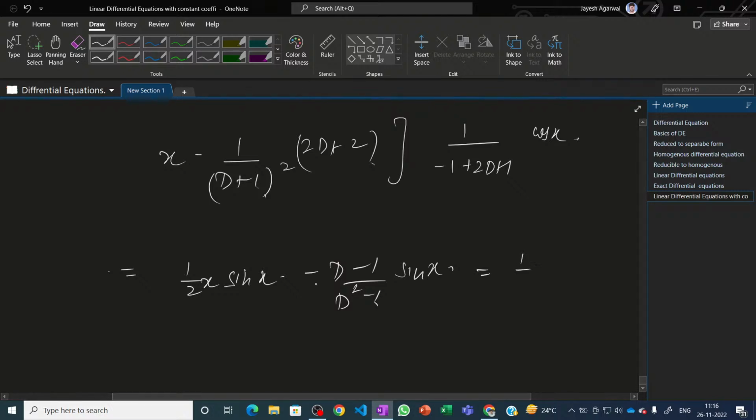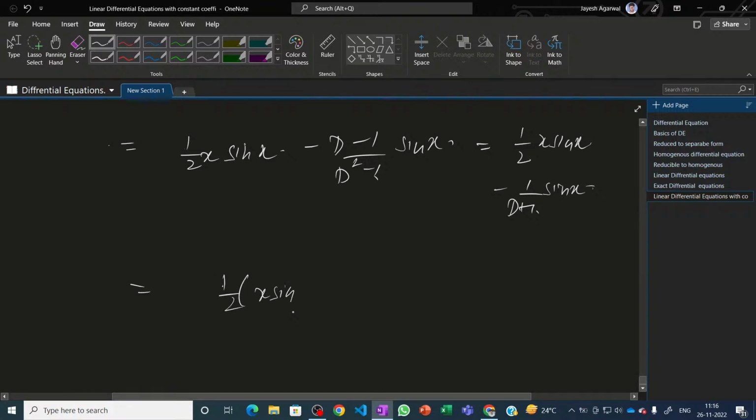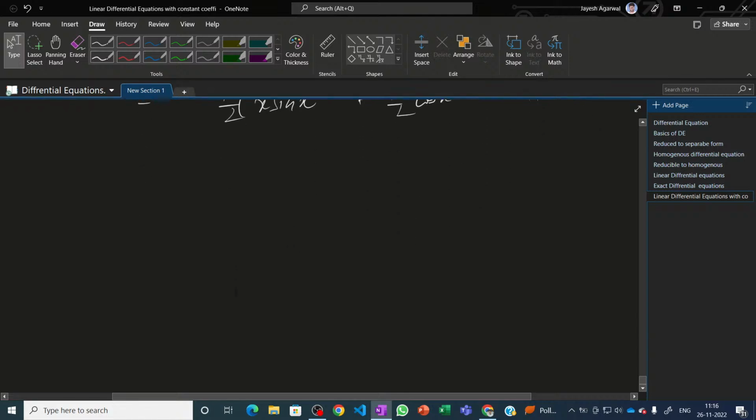So then this can be written as half of x sin x minus 1 upon (D plus 1) into sin x. So the final answer would be half of x sin x plus half of cos x minus sin x. Now the complete solution would be CF plus PI.